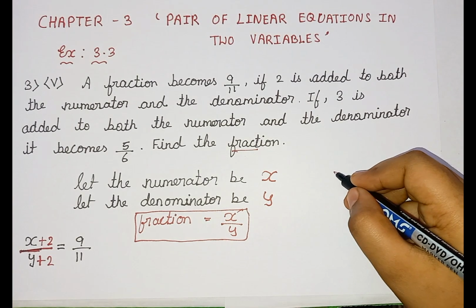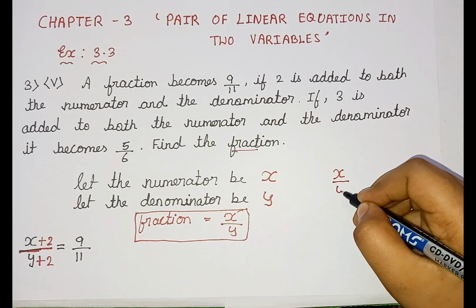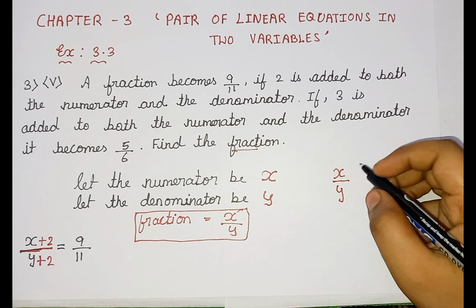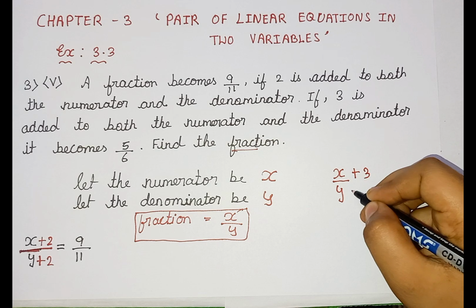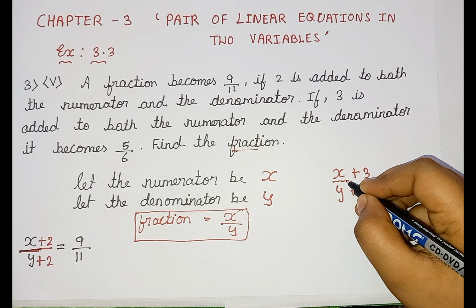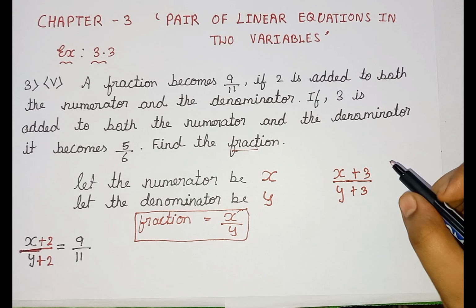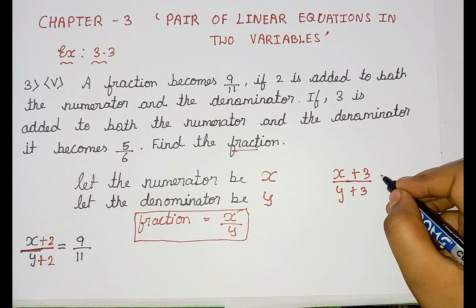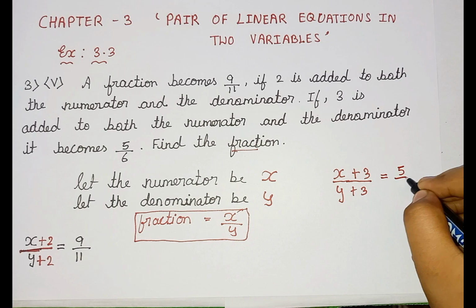So here let me write the fraction x by y. If we add 3 to both the numerator and the denominator, then it becomes 5 by 6. Whenever you have a word like this, write is equal to 5 by 6.